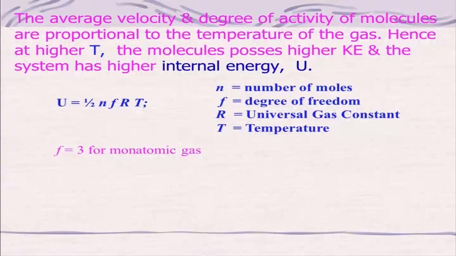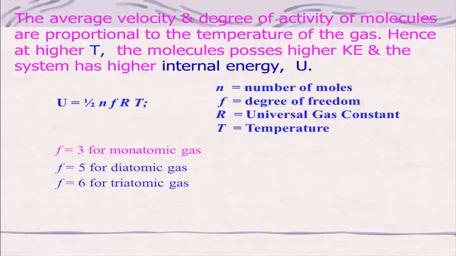The degree of freedom F for monoatomic gases will be 3, only the translational, in the 3 directions, whereas for diatomic, F will be basically 5, provided it is not very high temperature.